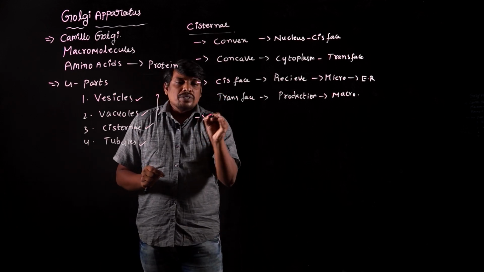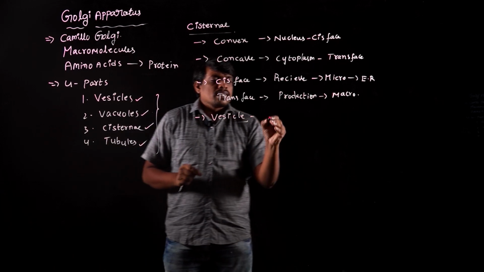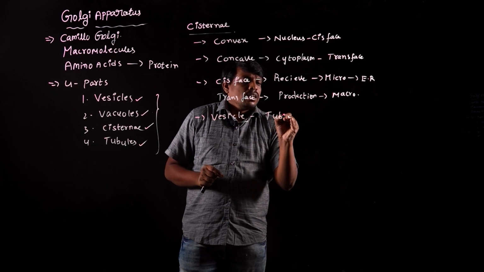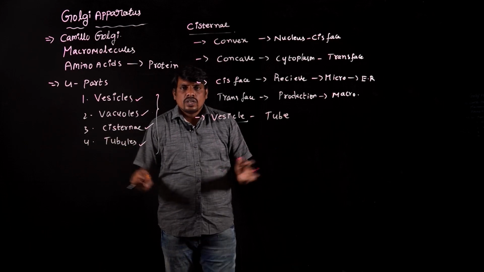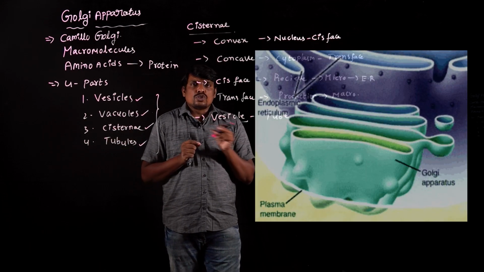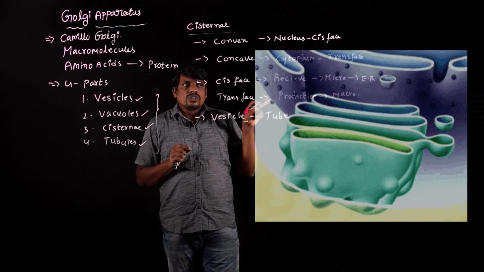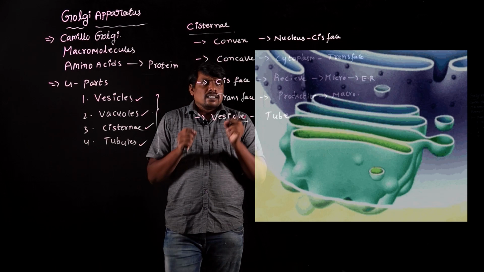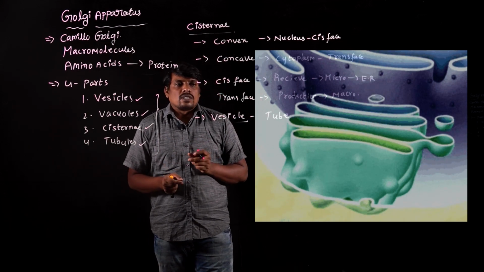Suppose take vesicles. How do these vesicles look? These vesicles are tube-like structures. Generally, these are tube-like structures which are there on the surface of Golgi operators. These tubules are stretched and elongated. You can see in the diagram how these tubules look. These tubules generally receive micromolecules and undergo processing.